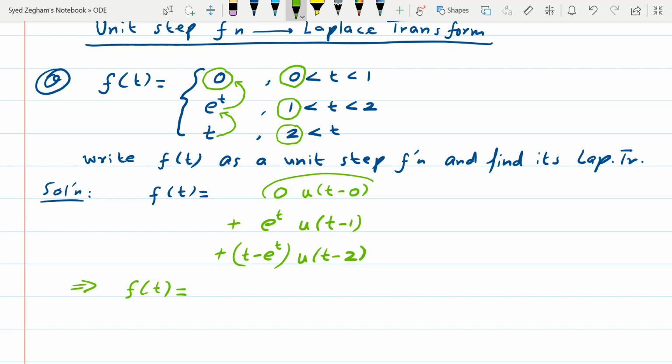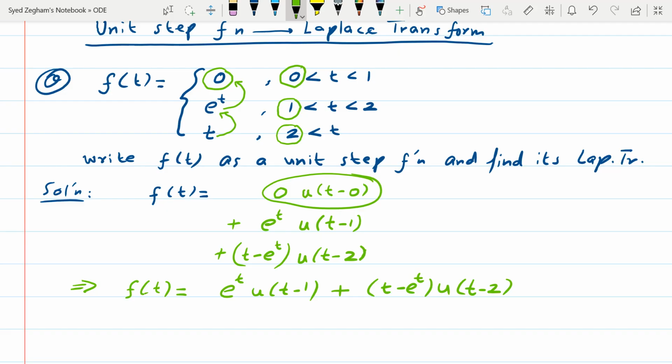This first term will become 0, so no need to write this. The second term is e to the power t u(t minus 1), and the other term we are getting is (t minus e to the power t) u(t minus 2).